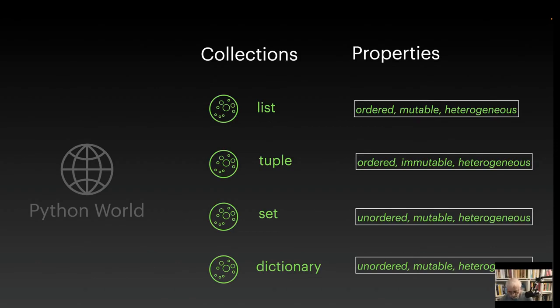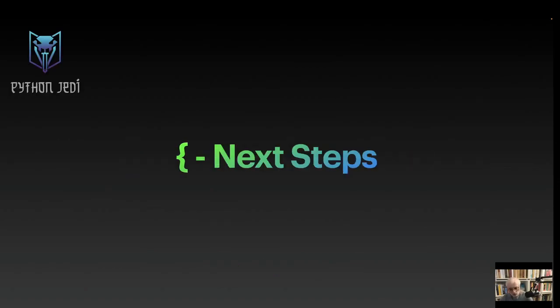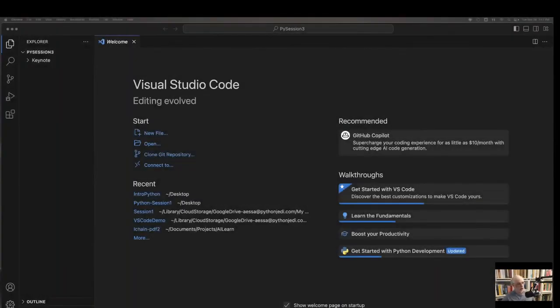Okay. All right. So now let's code Python. I'm going to go into Visual Studio Code, and this should be familiar to you. Okay, so we're in Visual Studio Code. I've already gone into a folder that I'll be working in.